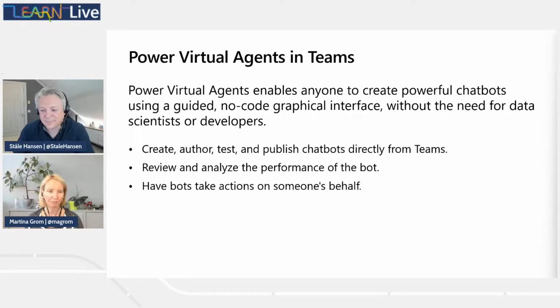So what you can do, as some examples, you can look into the bot, you can create it, you can test it, and you can add the bot, and you have bots that take action on someone's behalf. So how does it look from that scenario?